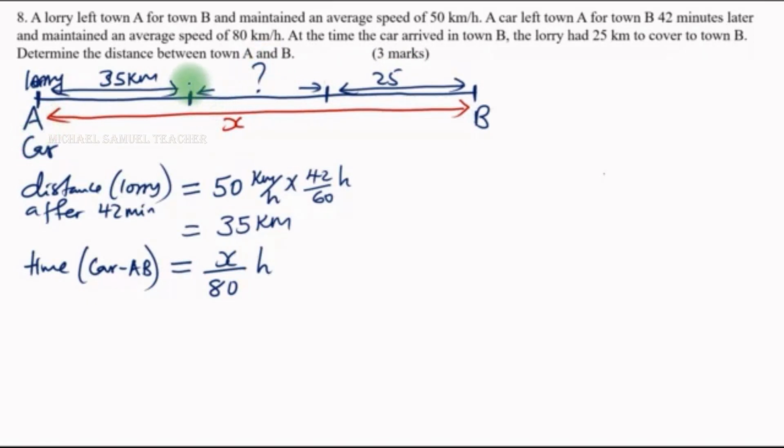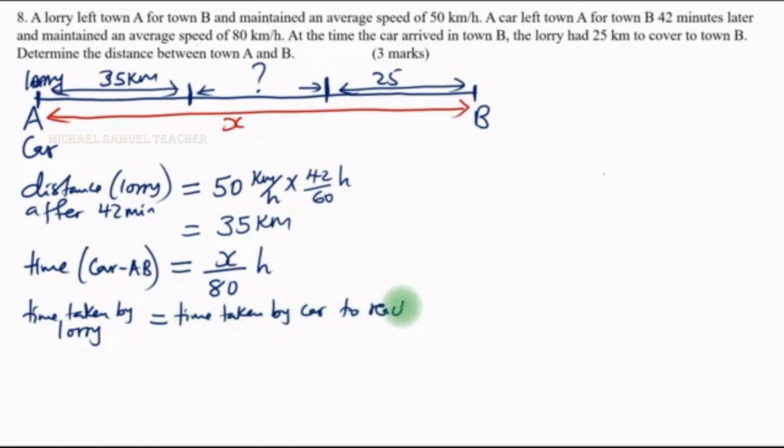By the time the lorry was here, the car had arrived at B. So the time taken by the lorry will be equal to the time taken by the car to reach town B, and that is the same as x over 80 hours.